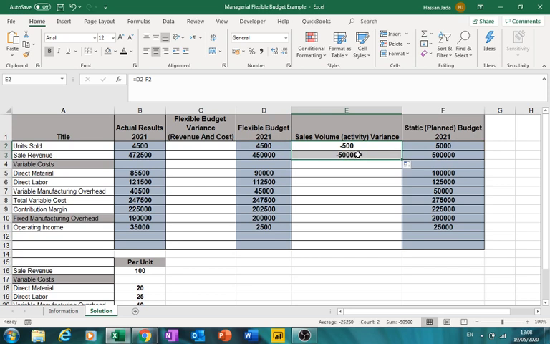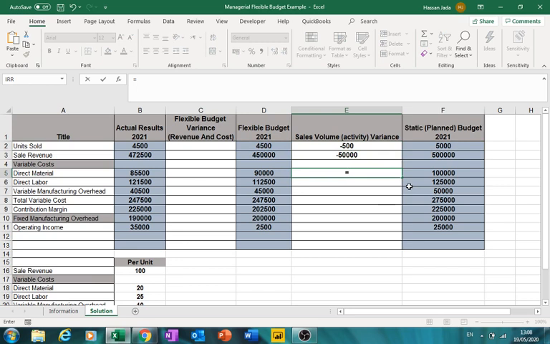We can copy that, then the difference here, and we can also see the difference between these two amounts here.